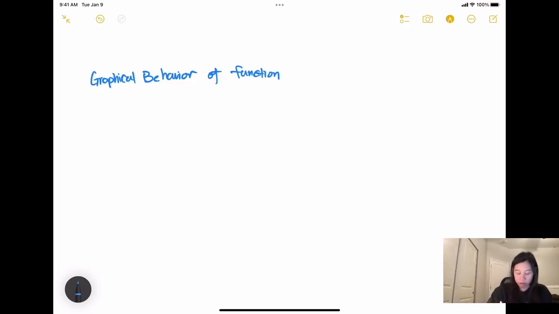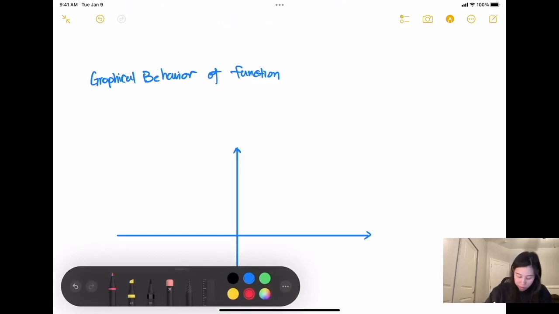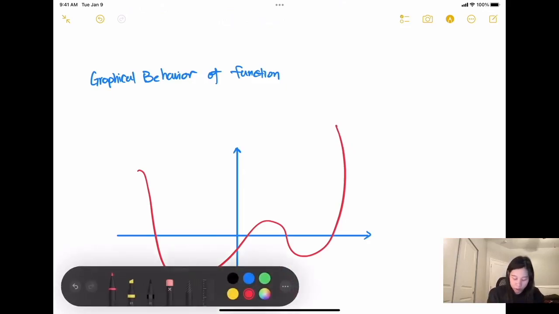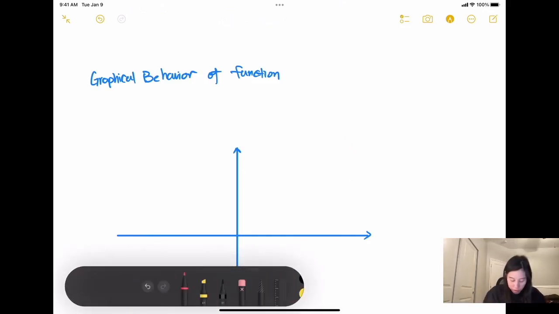So when you see a function from the left to the right, if the function looks like a W, maybe I should draw it nicer.